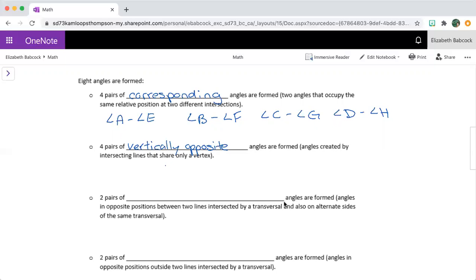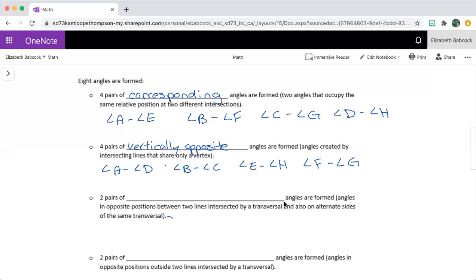So they're kind of like on opposite sides of an X. These would be angle A to angle D, angle B to angle C, angle E to angle H, and angle F to angle G.